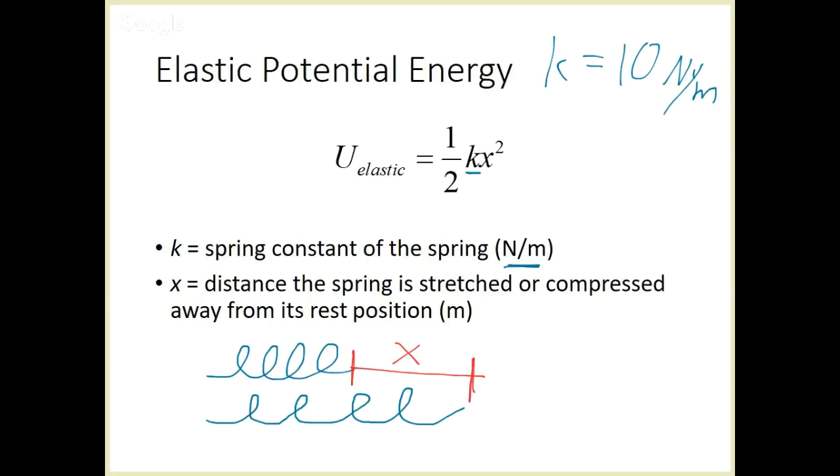It's not going to be the length of the entire spring. And the same deal if I compress it too. I'm not going to count x as the length of that little compressed spring. It's just going to be the difference in the final position of that last part of it. That would look something like this. Then x will be from here to here.